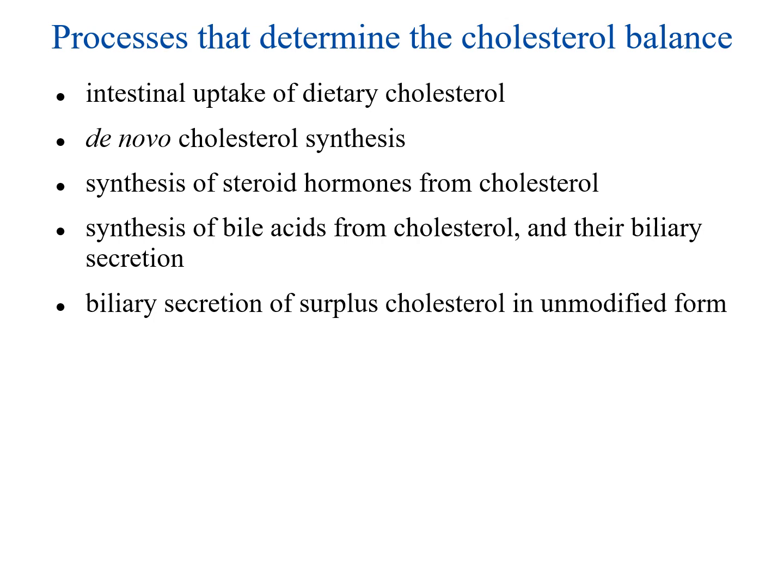For example, intestinal uptake of dietary cholesterol, de novo cholesterol synthesis, synthesis of steroid hormones from cholesterol, synthesis of bile acid from cholesterol, and biliary secretion of surplus cholesterol in unmodified form. De novo is a Latin term which means from scratch. So synthesis of something from scratch is known as de novo synthesis. These processes are used for balancing the amount of cholesterol in our body.